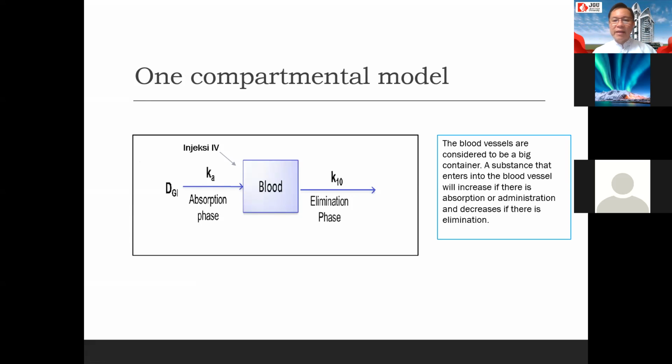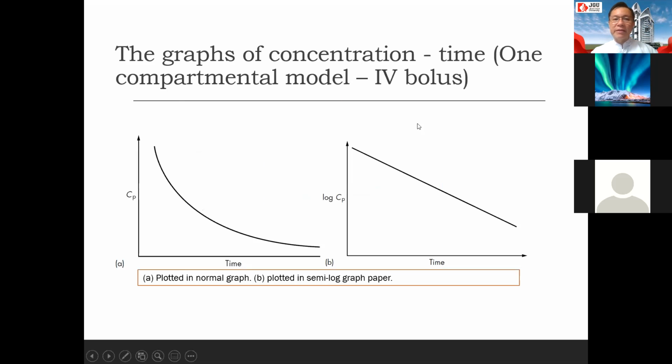A substance that enters into the blood vessel will increase if there is absorption or administration through IV, and it decreases when there is elimination. This is understandable, yeah? This is the simplest concept. Our blood is like one container. Later on, there is an implication for that.